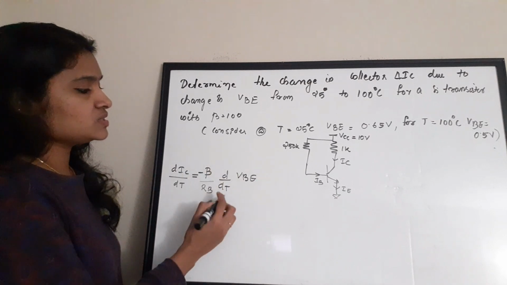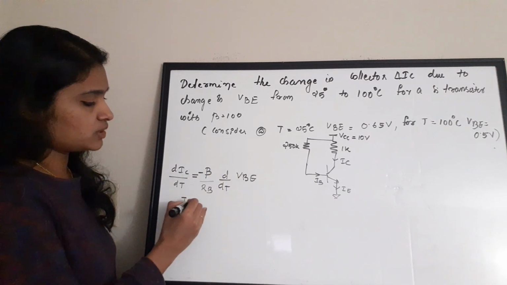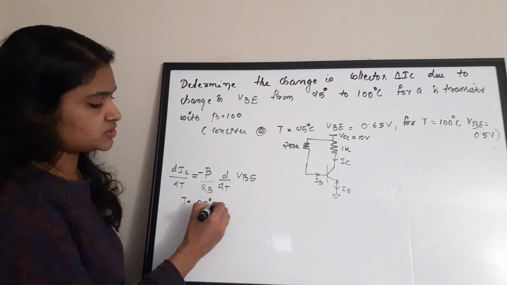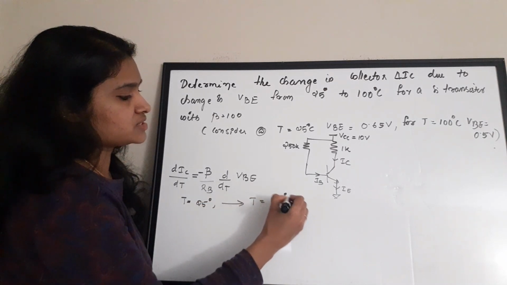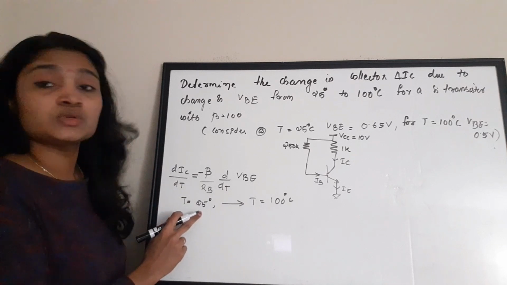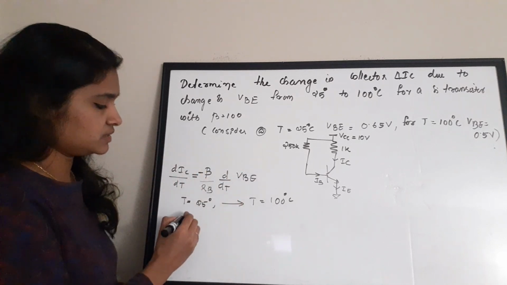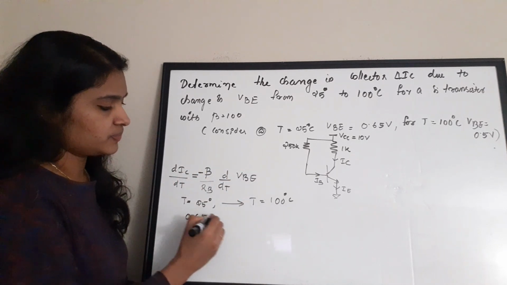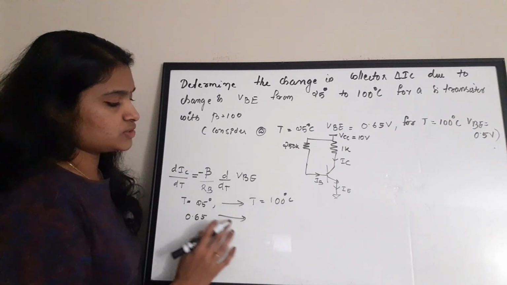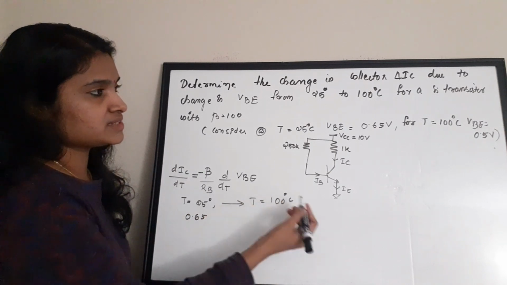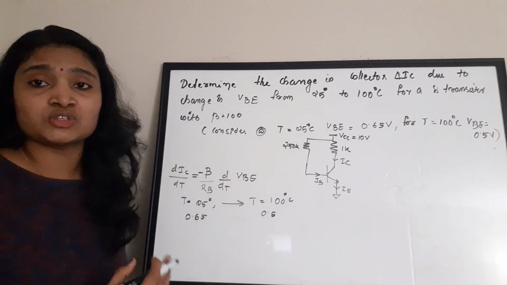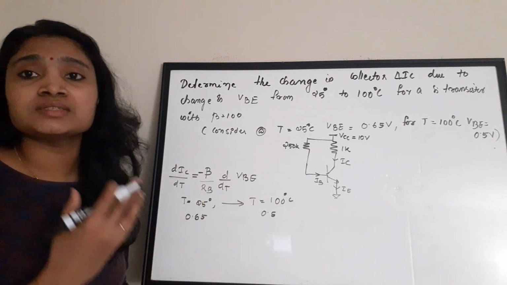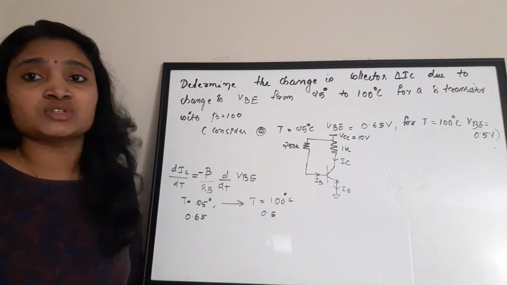Now we are going to find what is the change happening to VBE. The temperature is changing from T equal to 25 degrees Celsius to T equal to 100 degrees Celsius, right? At T equal to 25 degrees, what is the VBE? It is 0.65. Then at T equal to 100, what is the VBE? It is 0.5. So when the temperature is increasing, the base emitter voltage is reducing.